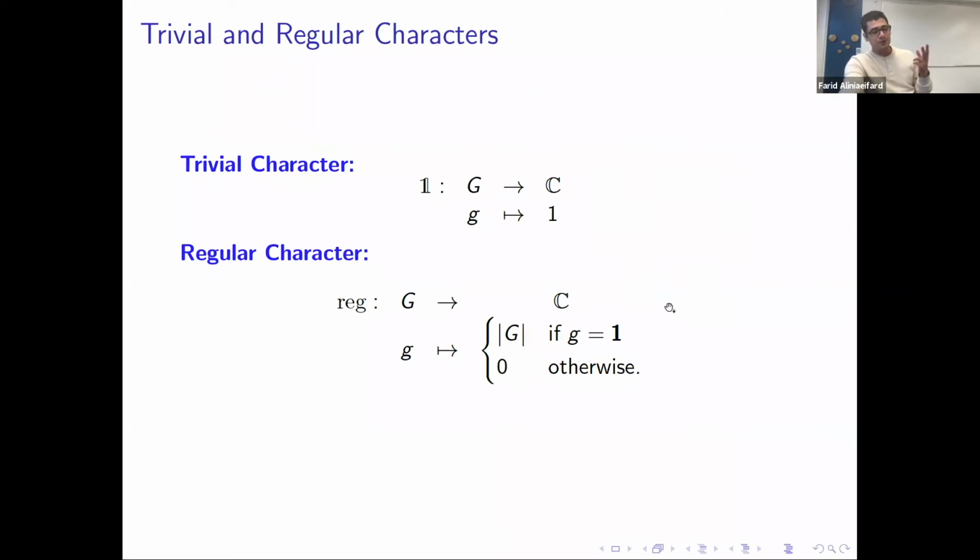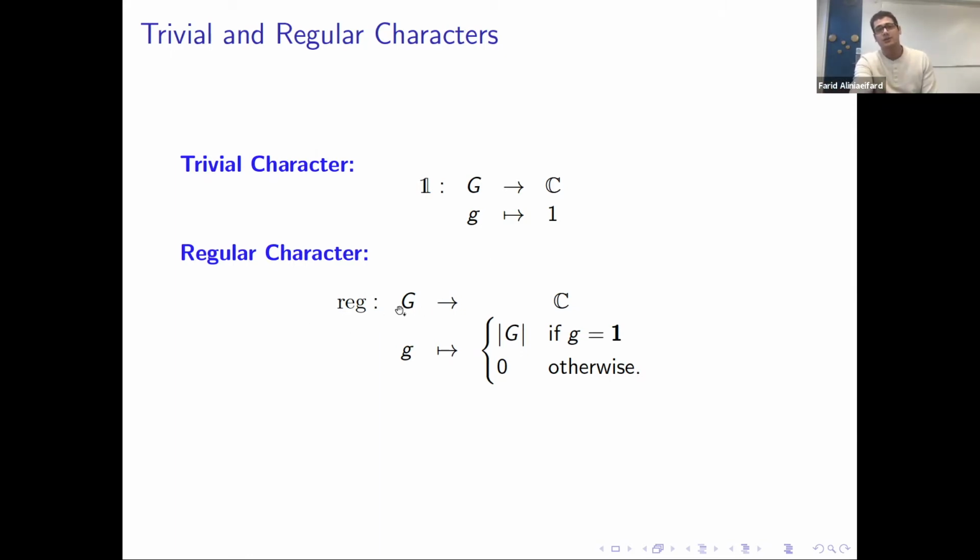Okay, so I have two main characters here that I highly use in the seminar talk. The first one is the trivial character. I pick up an element and I map it to the trivial element, which is 1 for complex numbers. So every group element goes to 1. This gives me a character that we call the trivial character.